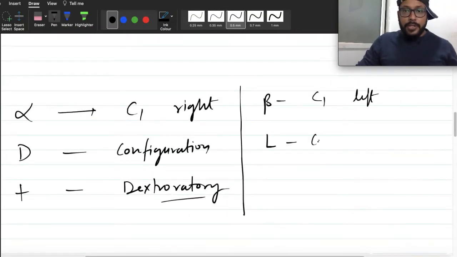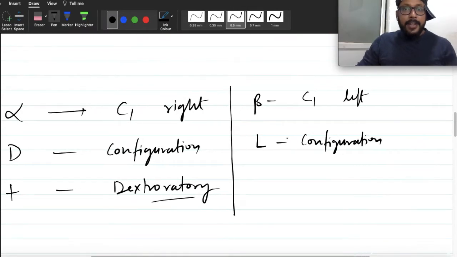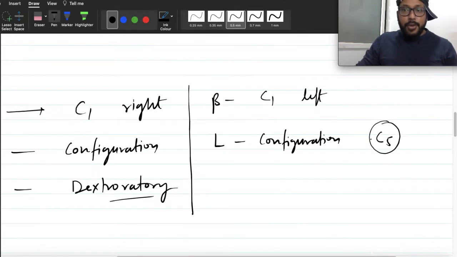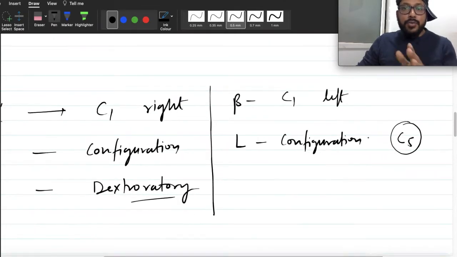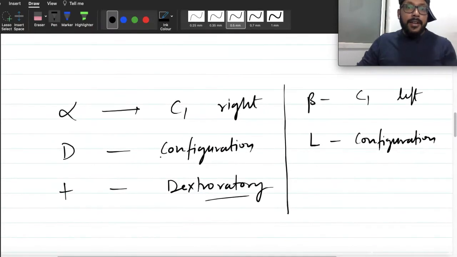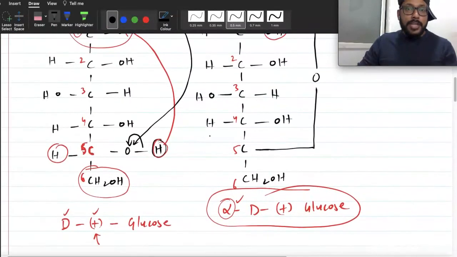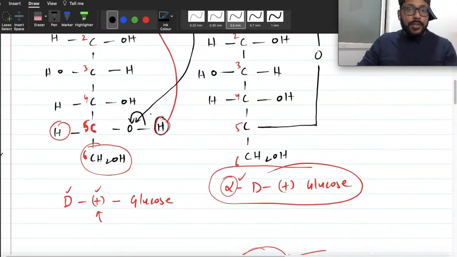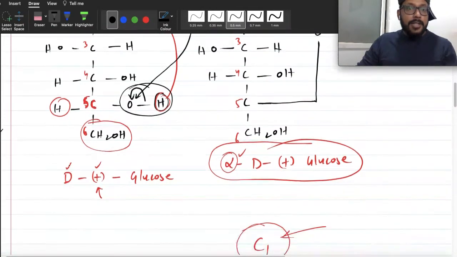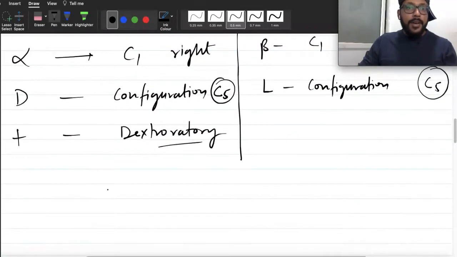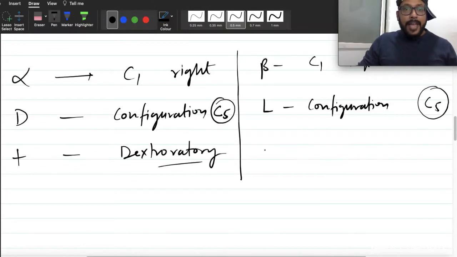L means configuration, which represents that the C5 carbon, the lowest asymmetric carbon, contains OH toward the left. D means configuration: at the C5 carbon, the lowest asymmetric carbon, if the OH is toward the right, it is D. If it is present toward the left, it will represent L. So alpha D positive, beta L negative.